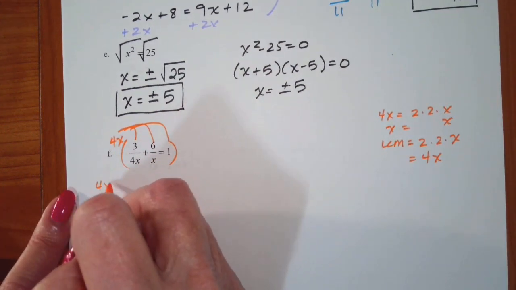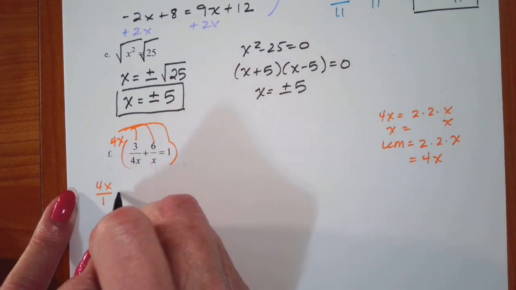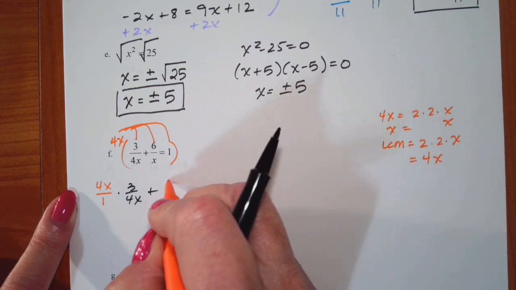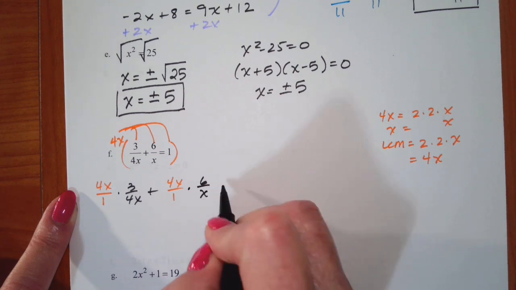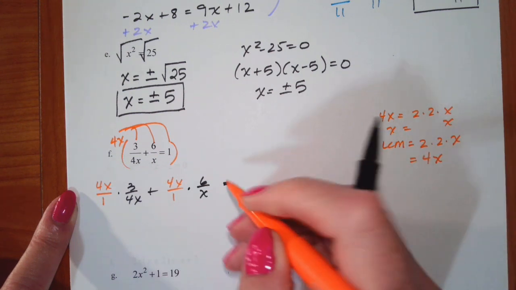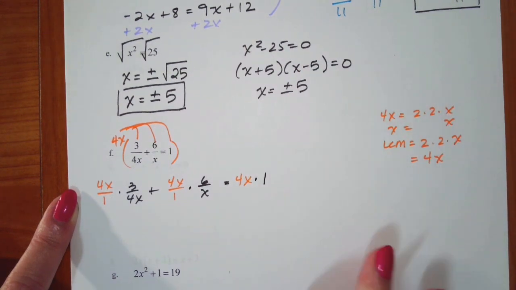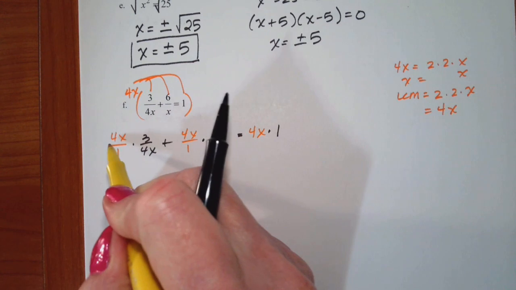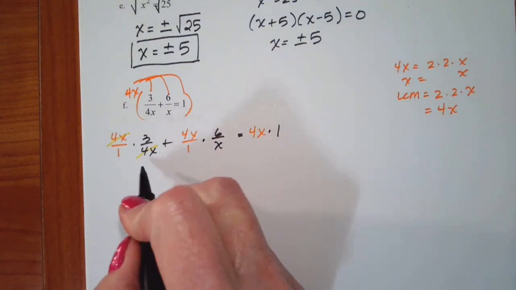So this gives me 4x over 1 times 3 over 4x plus 4x over 1 times 6 over x is equal to 4x times 1. Okay, well, 4x divided by 4x, those cancel or become 1.